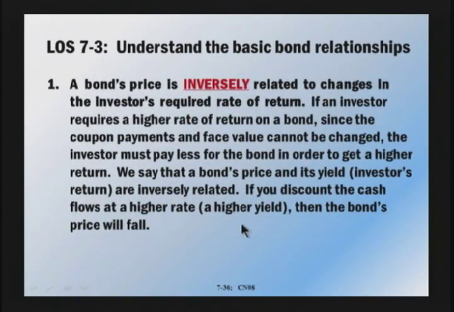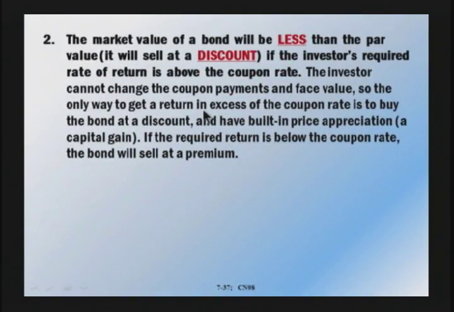Now let's recap the basic bond relationships. First, we priced a bond under 3 different yields, and we saw that the price was inversely related to changes in the yield or changes in the required rate of return. Second, we saw that bonds will sell at a discount if investors require a rate of return that is above the coupon rate.